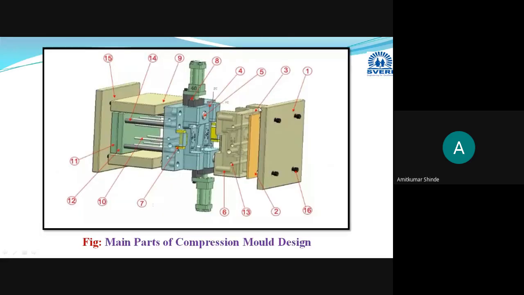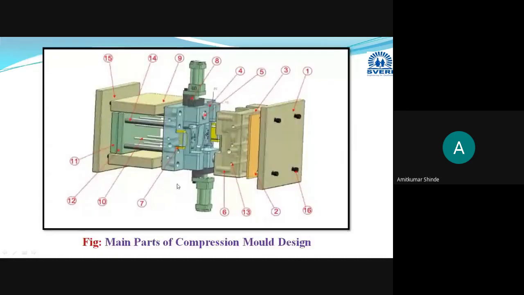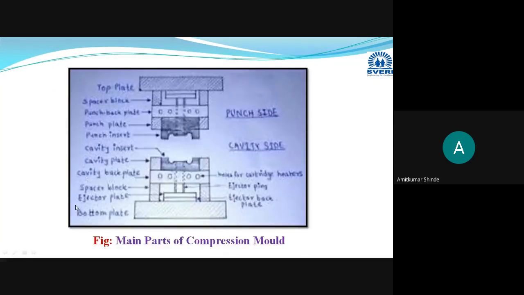Okay, this is the cavity plate, part number three, and this is the core plate. Now this cavity plate, as you can see, I have added this point here. You can read it. This cavity plate allows you to fill the plastic material. Now, what is the function of the cavity plate?